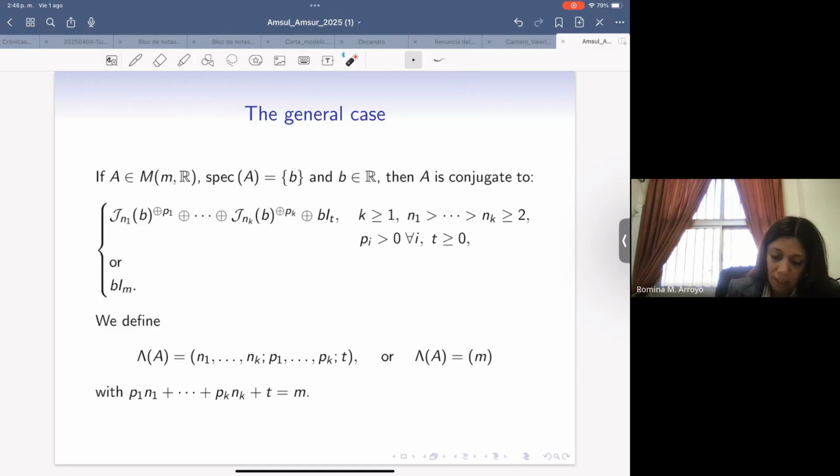With the size of the blocks, the exponent and the size of the identity, we will define this lambda, and in this case lambda will be m. So this is just the case when A has one eigenvalue and it is real.